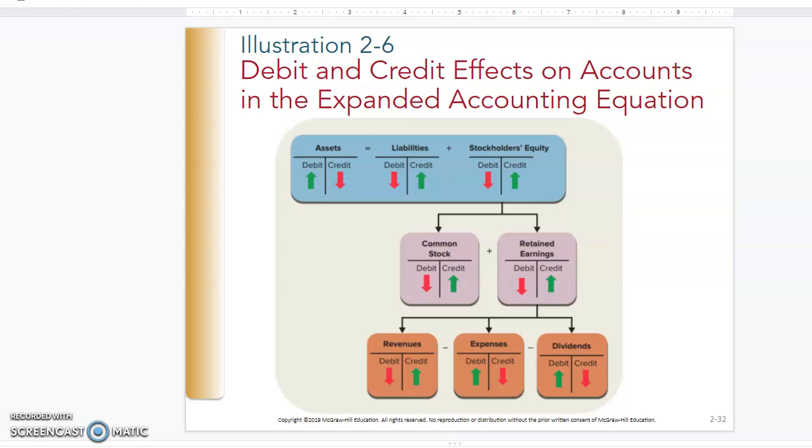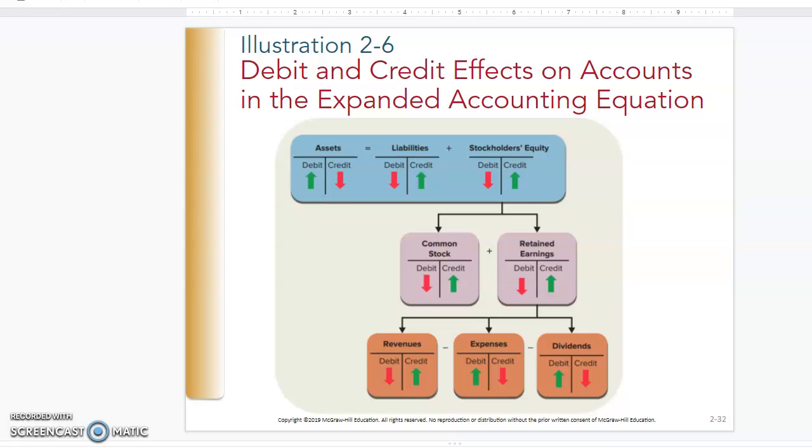Okay, this is all based on the accounting equation and keeping the accounting equation in balance. Okay, assets go up with a debit on one side of the equation. On the other side, liabilities and stockholders' equity accounts go up with a credit. So if we have a debit for one amount, we need credits for the same amount total to make it stay in balance.